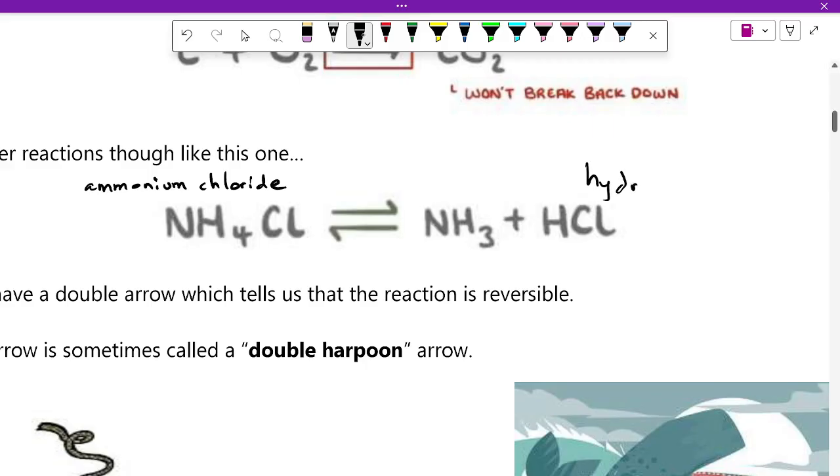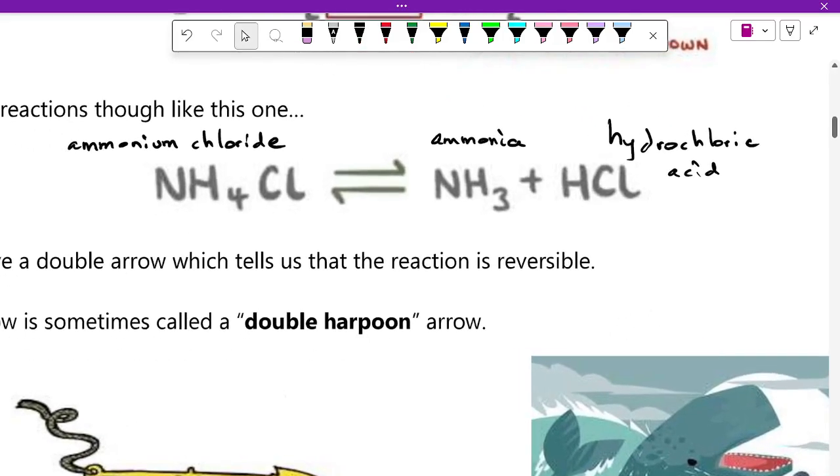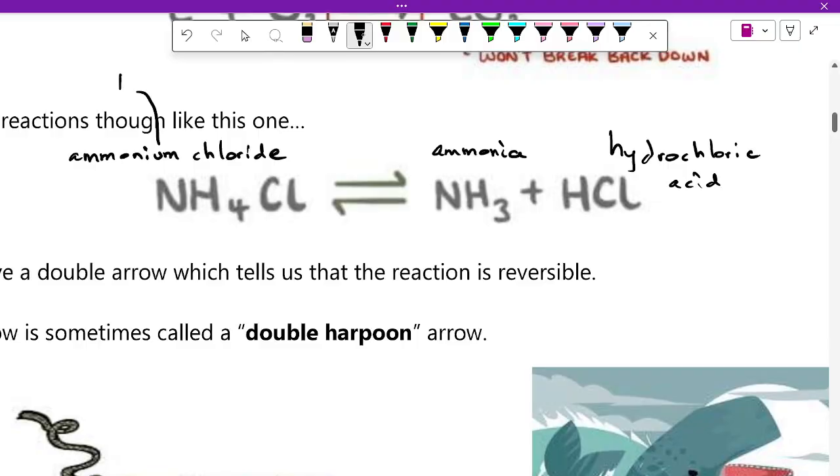Hydrochloric acid, yes. Ammonia. Okay, so ammonium is the NH4 plus ion. Ammonia is NH3 with no charge, a neutral molecule. Okay?